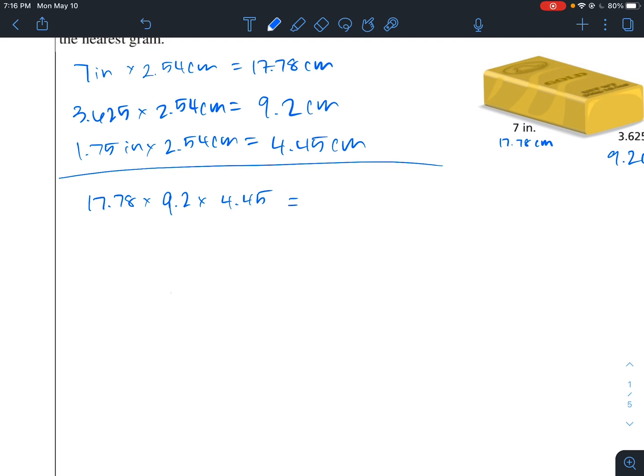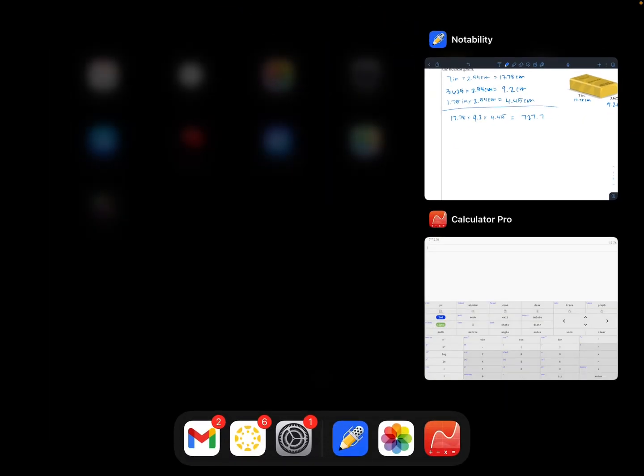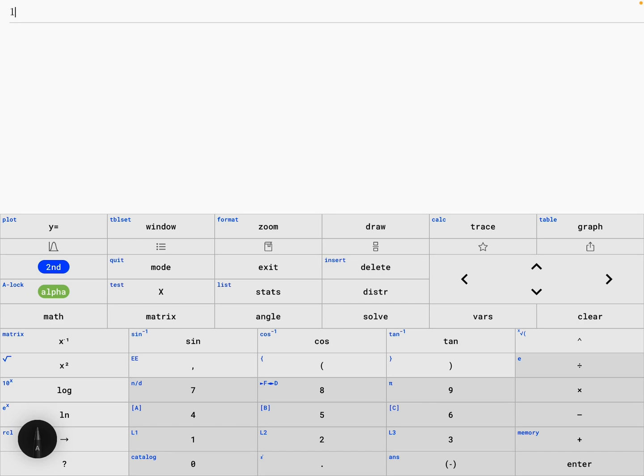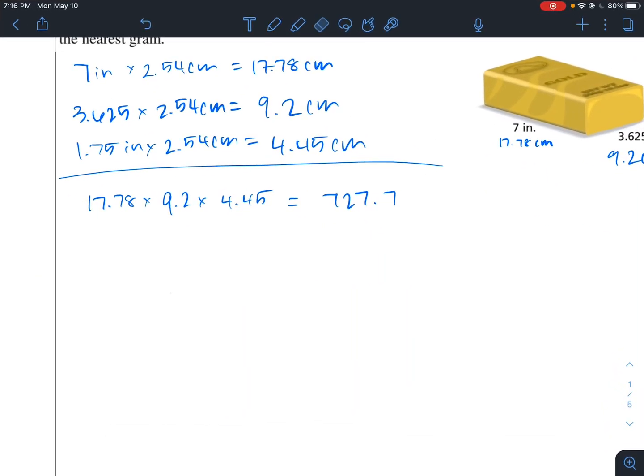When you do all of that, you should get something close to 727.7, but let's go ahead and make sure. 17.78 times 9.2 times 4.45, and yes, 727.9.